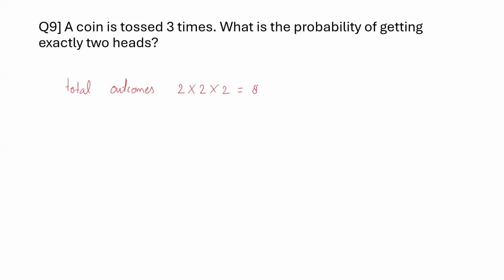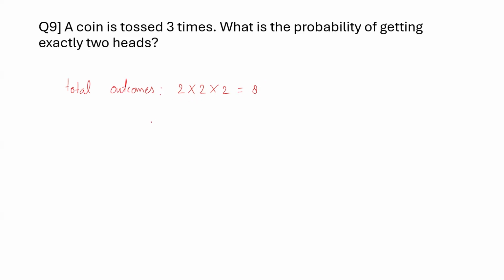So, in total you have 8 outcomes, right? Because you are flipping the coin consecutively. So, the first flip will give you 2 outcomes, the second flip 2 outcomes, the third flip again 2 outcomes. So 2 into 2 into 2. So total outcomes are 8.